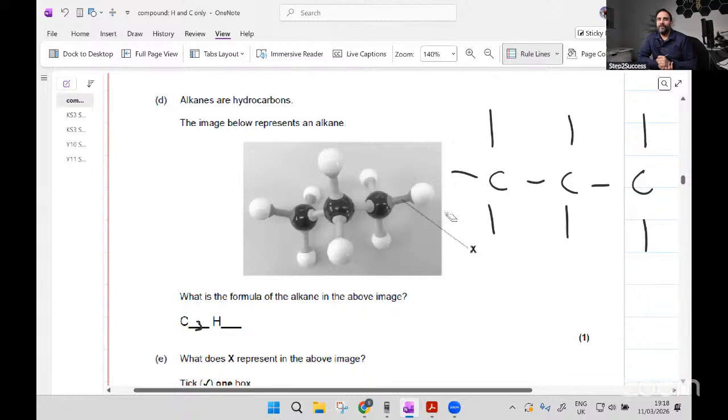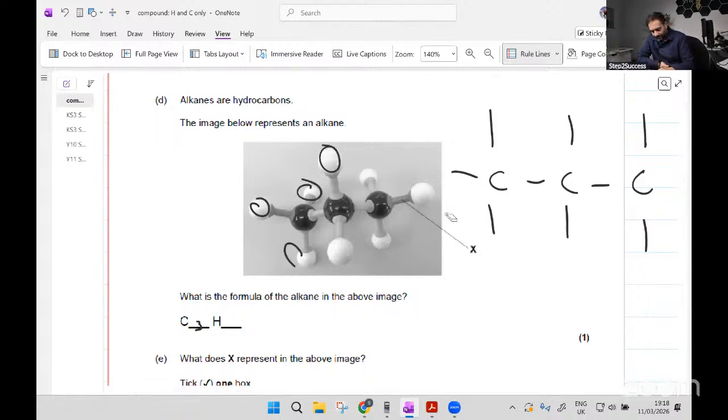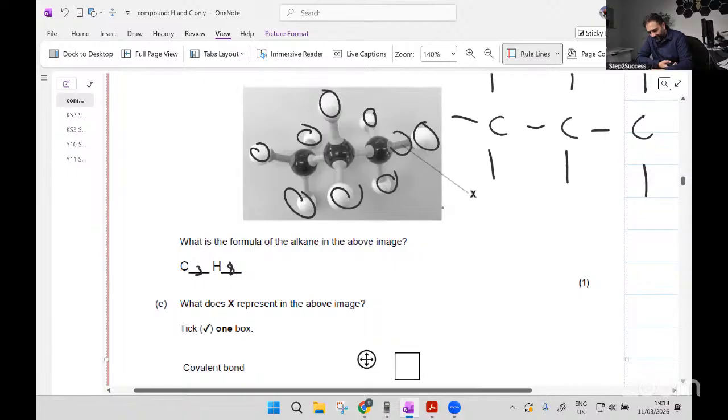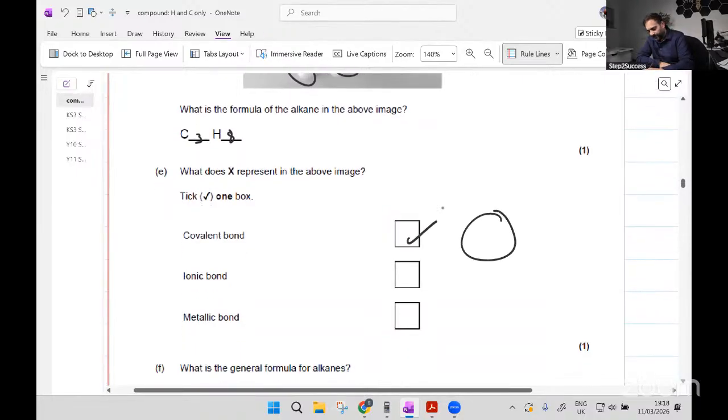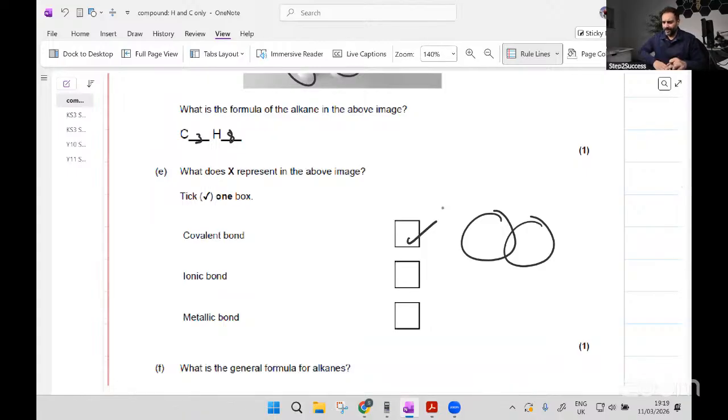And then the white ones are the H's around the outside. One, two, three, four, five, six, seven, eight. Just counting. And all of these things in the middle that are joining them together are covalent bonds. A covalent bond is when you have electrons being shared and you have these overlapping circles in the diagrams that we do. So that is the answer to that.